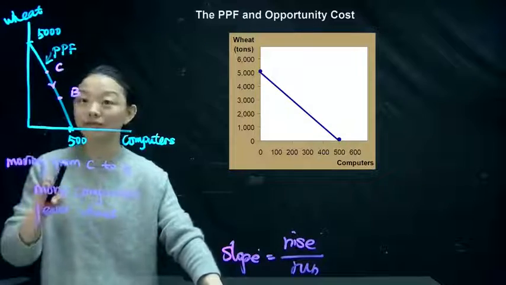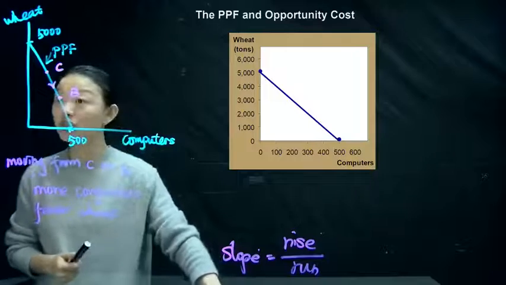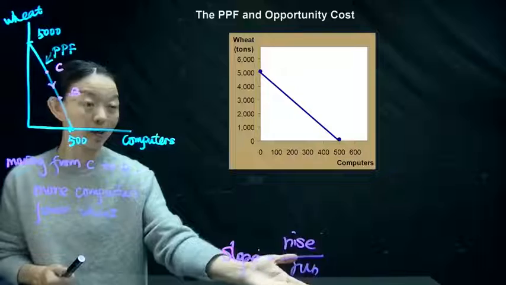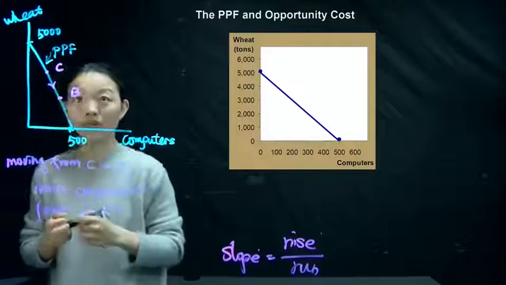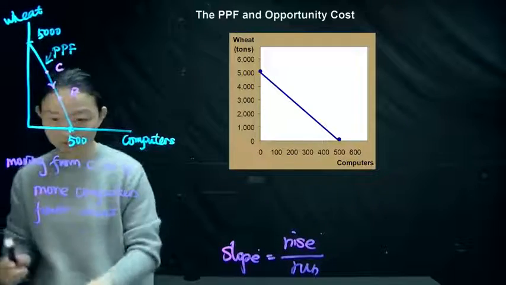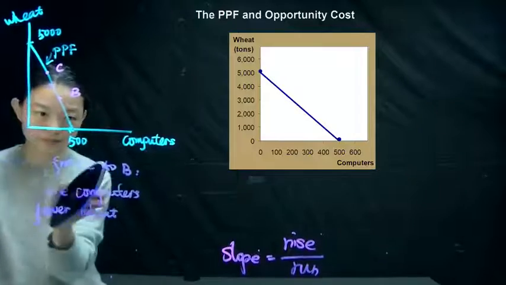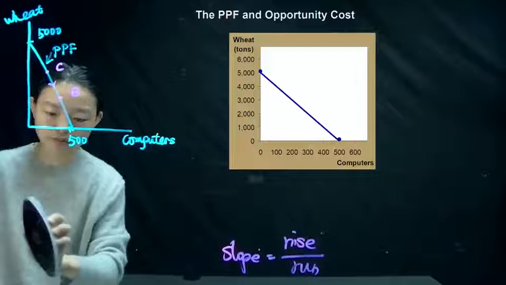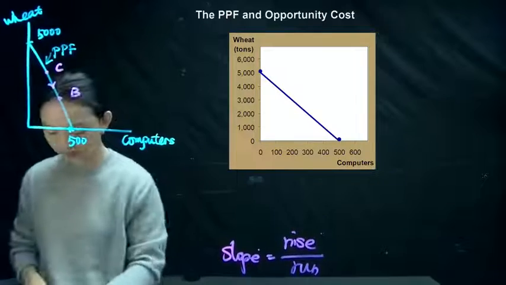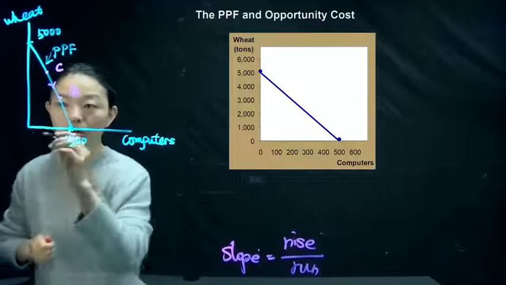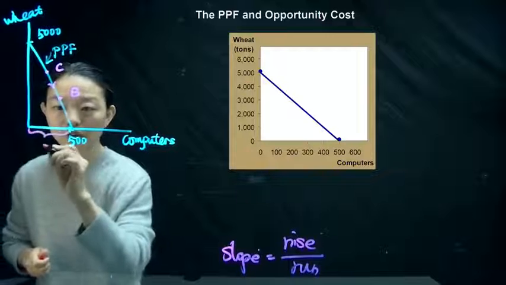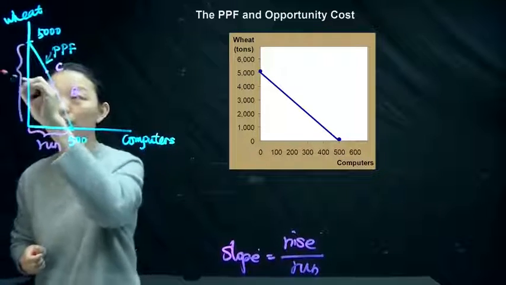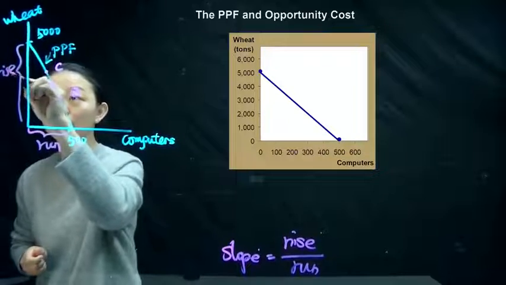In the PPF, we can apply the same slope calculation to get the slope of this PPF. Where can we measure rise and where can we get run? This is what we treat as run, and this is what we treat as rise.